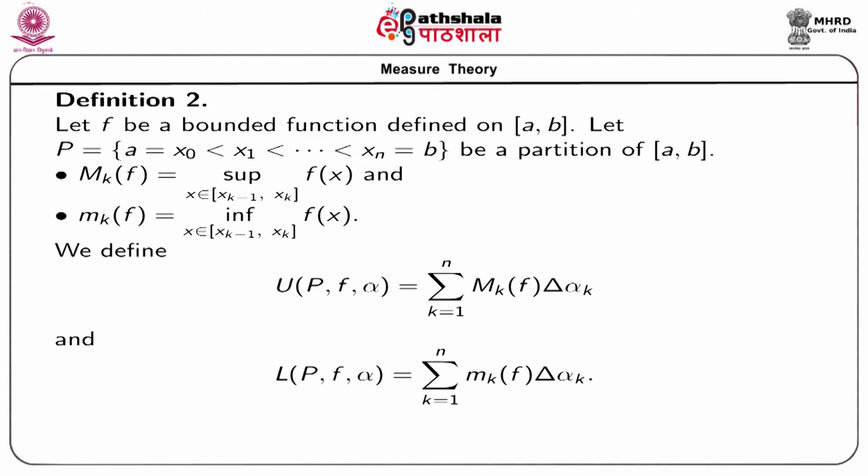We define the upper and lower Darboux-Stieltjes sums as U(P, f, alpha) equal to sigma k equal to 1 to n of M_k(f) delta alpha_k, and L(P, f, alpha) as sigma k equal to 1 to n of m_k(f) delta alpha_k.